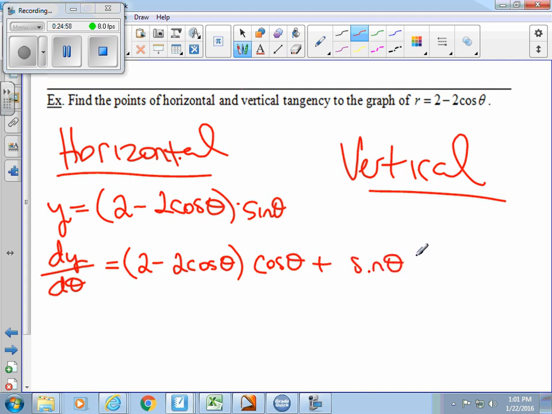What is the derivative of negative 2 cosine theta? 2 sine theta. Everyone agree? We do have to simplify a little bit.